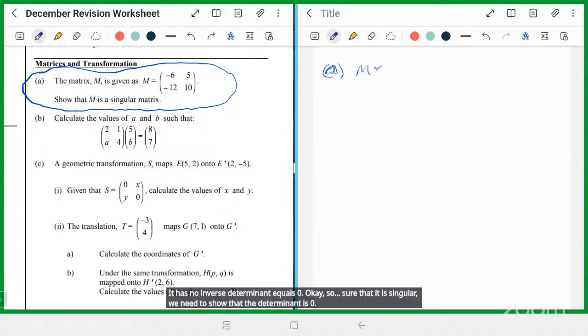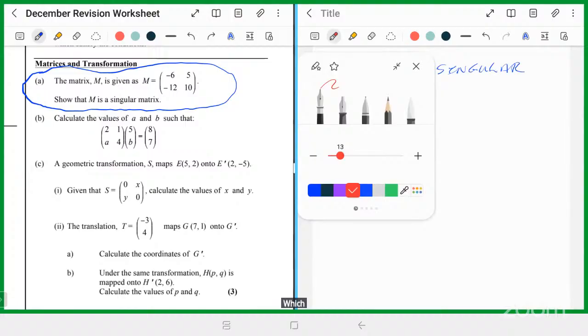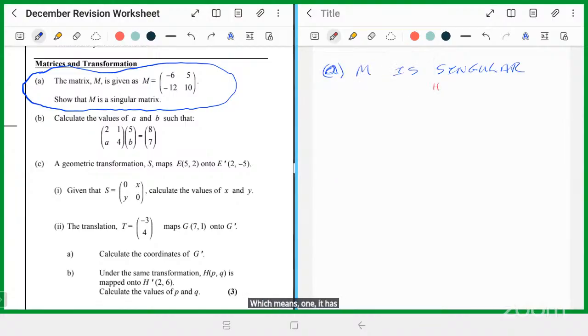So M is singular, that's what I want to show. Which means, 1, it has no inverse. And 2, the determinant of M is equal to 0. When the determinant of M is equal to 0, it means that AD is equal to BC.